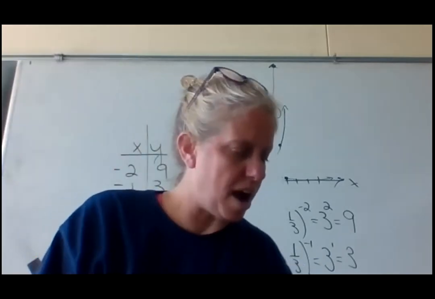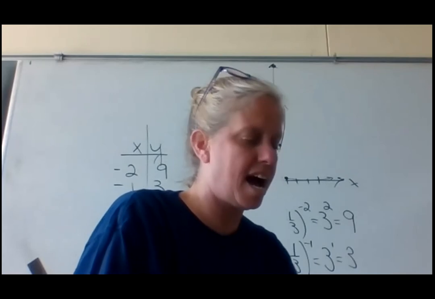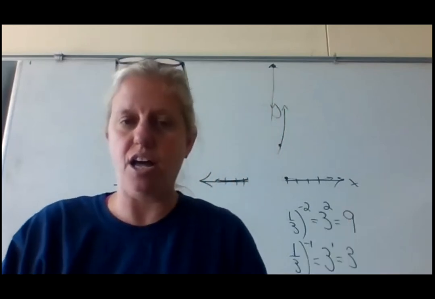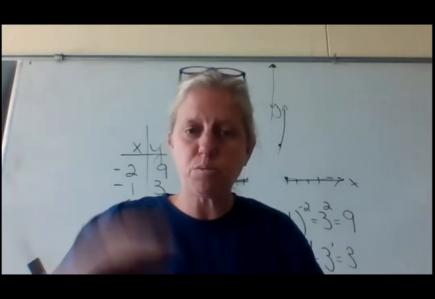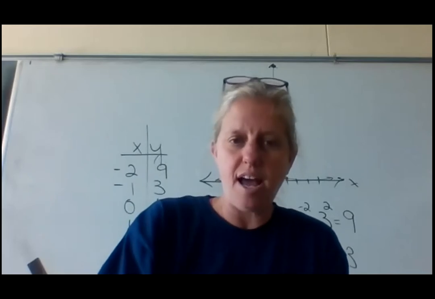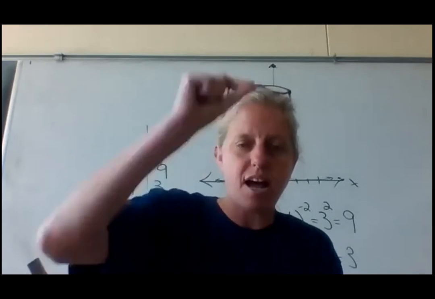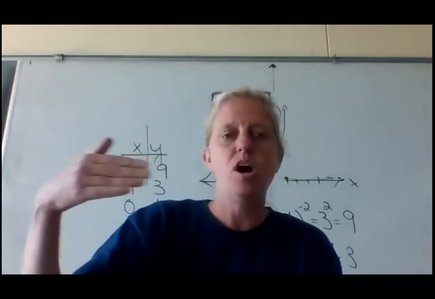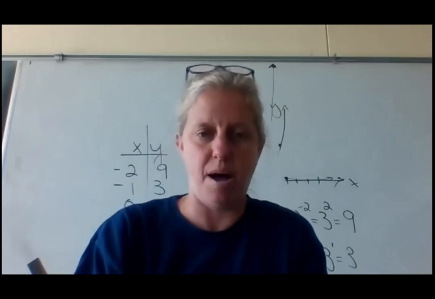Okay. All right, now when we get into number 7, 8, and 9, let's remind ourselves of what shifts all the graphs. These exponential shapes shift just like any other graphs do. The same things make them shift left and right and up and down. So let's remember, what shifts you left and right is an inside number.